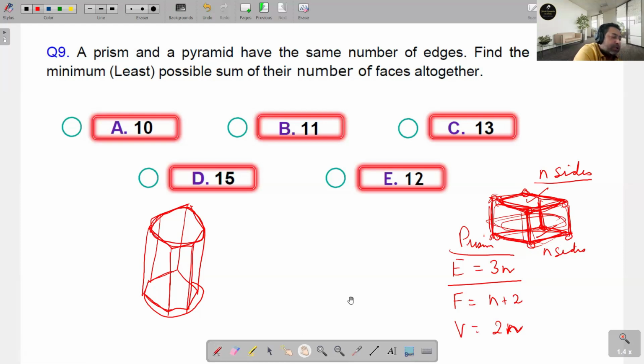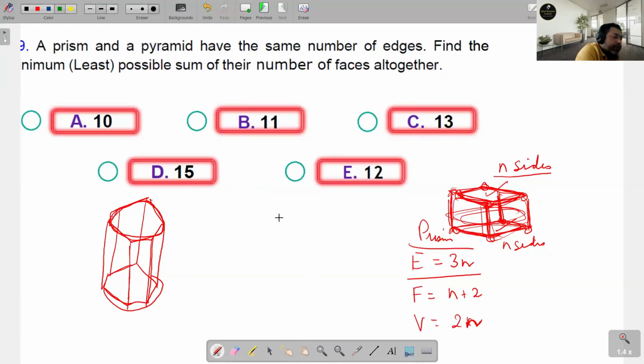All right. Now let's look at a pyramid. A pyramid is a little different. A pyramid has only one polygon at the bottom, and there is a top vertex which is joined with edges to each vertex of the bottom polygon.